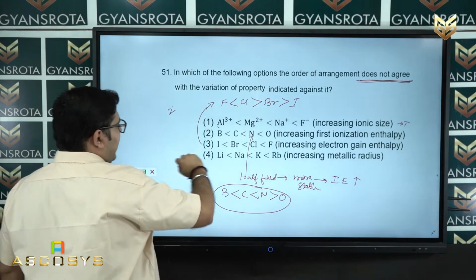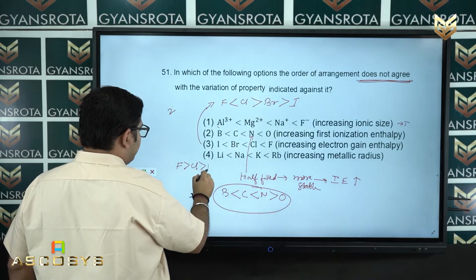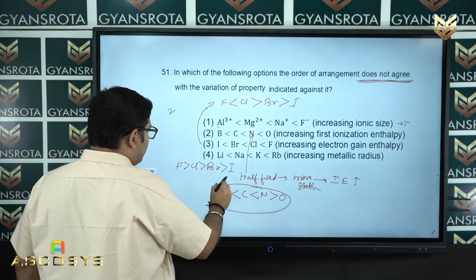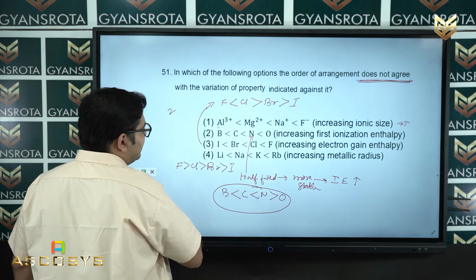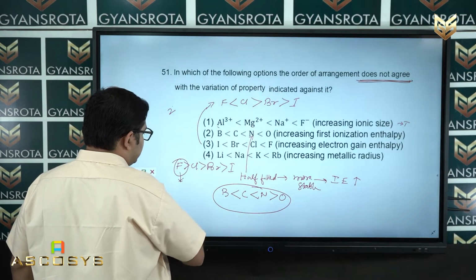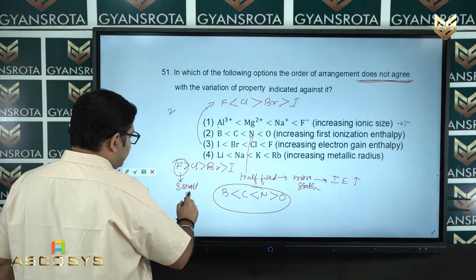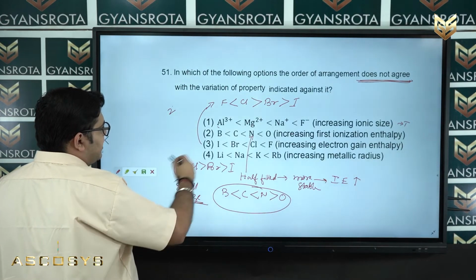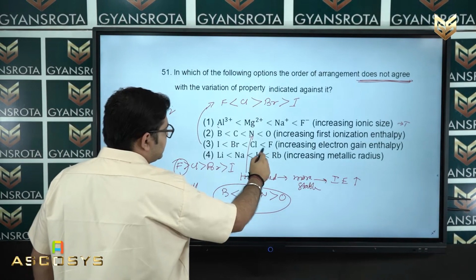This is the normal trend, because in case of halogens, if you go down the group, the electron gain enthalpy decreases. But in this case, fluorine shows exceptional behavior because of its small size, and due to its small size more repulsion takes place, and due to this more repulsion the electron gain enthalpy will be lower than chlorine, but here they are showing it as more.